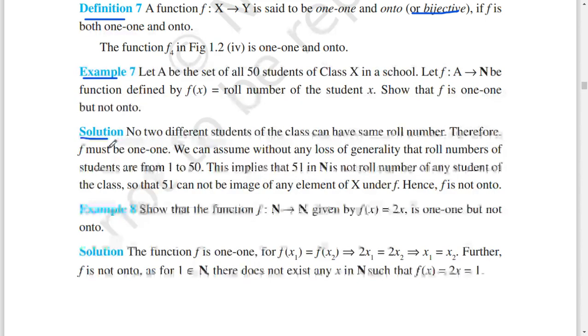We can assume without any loss of generality that the roll numbers of students are from 1 to 50. This implies that 51 in N is not the roll number of any student of the class, so that 51 cannot be the image of any element of A under f. Hence f is not onto.